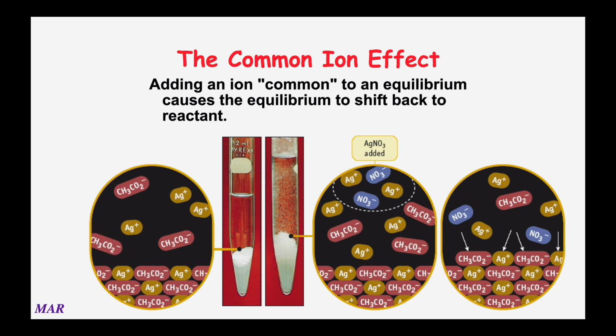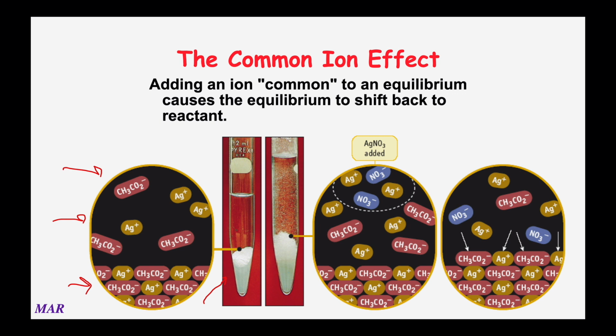If you look down in the lower left-hand side, the centrifuge tube on the left has some silver acetate, which is made up of Ag plus and acetate CH3CO2 minus ions. And the solid is right here, but because this is a solubility, you also have the ions. So you can see how there's acetates and silvers floating around on the top there. All right, no big deal.